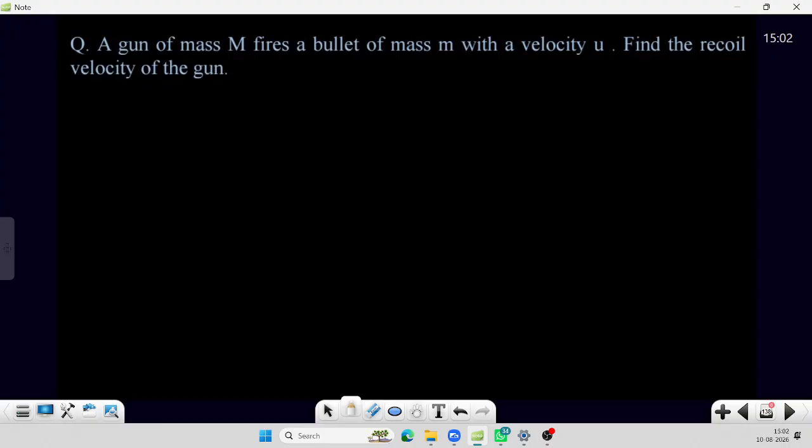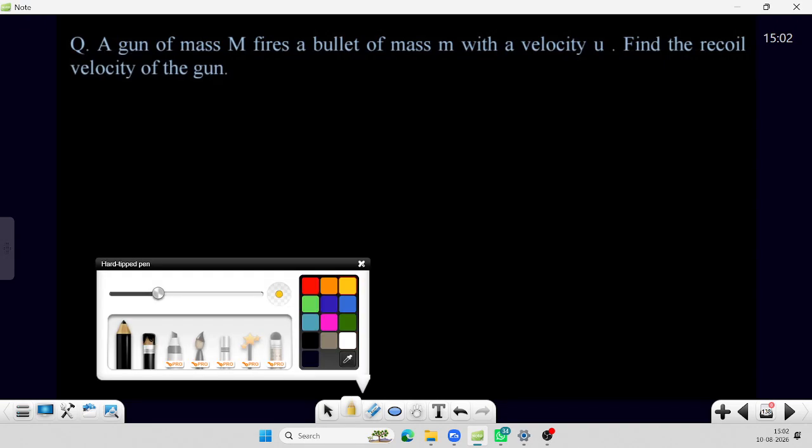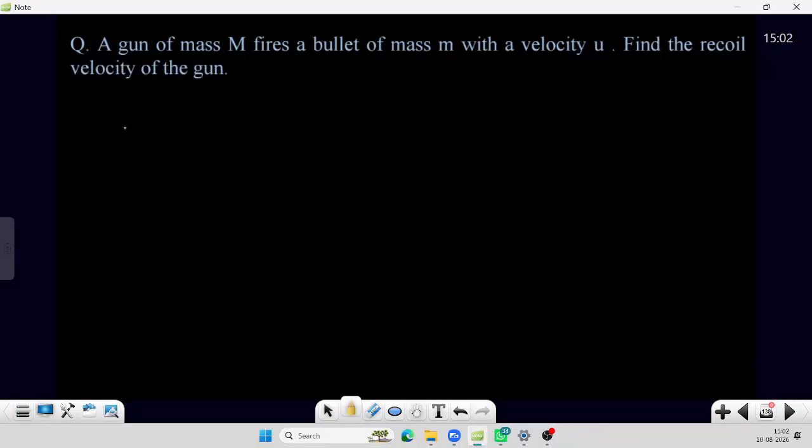Action reaction. So here there are no external forces acting. Since there is no external force on the system, on the gun and bullet, we can apply the law of conservation of linear momentum, LCLM.